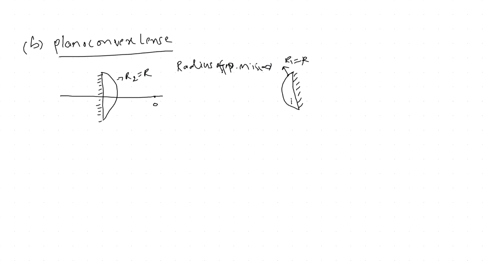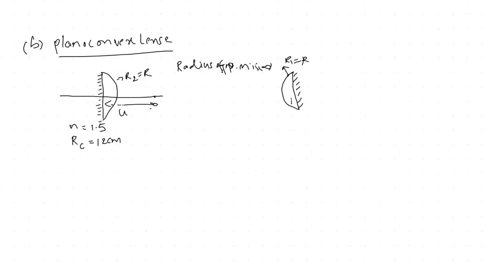You consider the object distance u, and you can do the problem by taking some u value. And the refractive index of this lens is equal to 1.5, and the radius of curvature is equal to 12 centimeter.